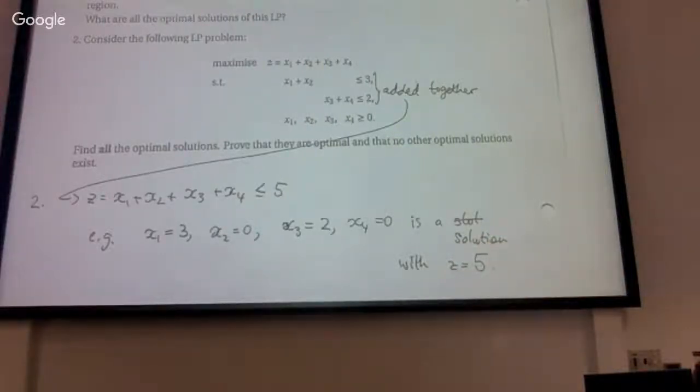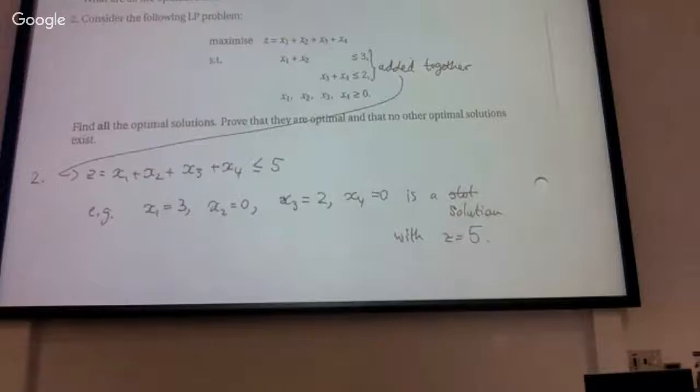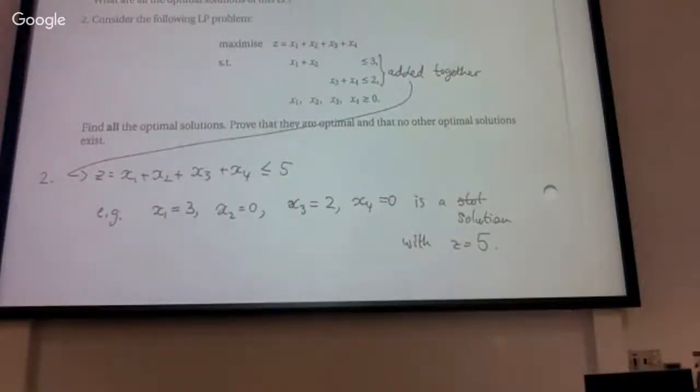So it has to be optimal, obviously, because as we've just said, the objective can never be better than 5. So it is optimal.